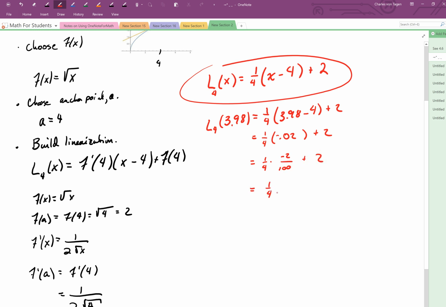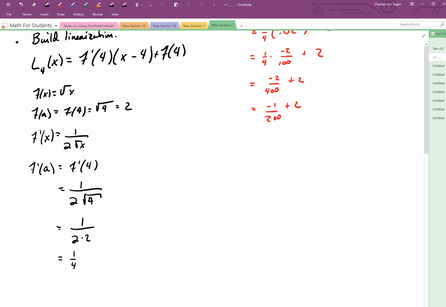Excuse me, I can clean that up now. So let's make that negative 2 over 400 plus 2, which is equal to negative 1 over 200 plus 2. Now all I need to do is get a common denominator here, and I get negative 1 over 200 plus 400 over 200, and I get 399 over 200.